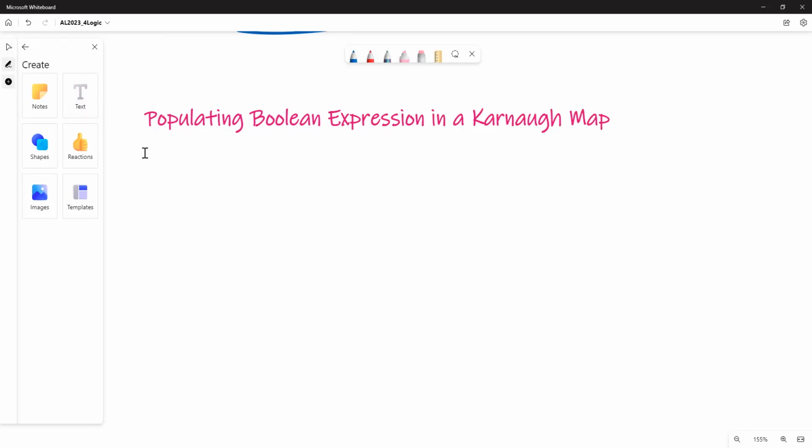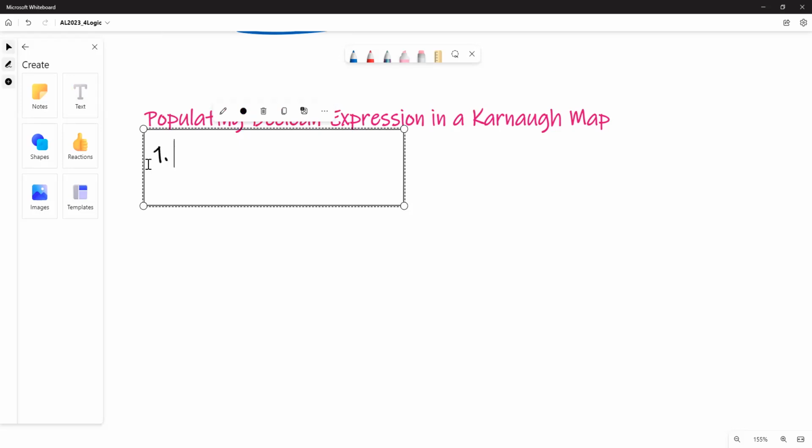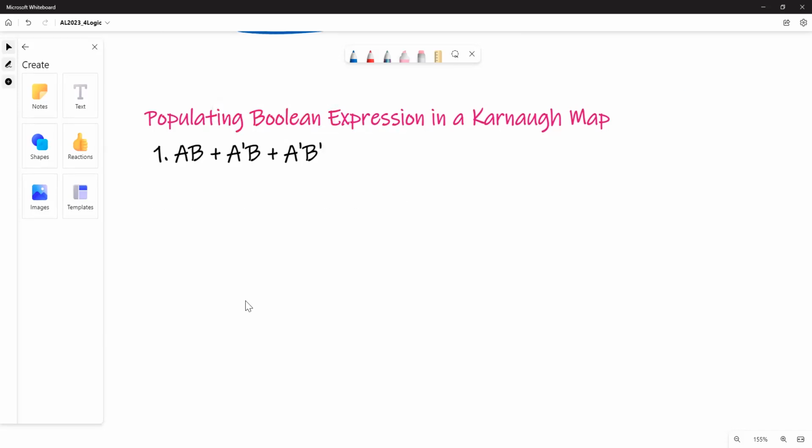Now, to start with, I will start the first example. First one, let's say we have expression AB plus A bar B plus A bar B bar, right? So we have to start with the two variable case.